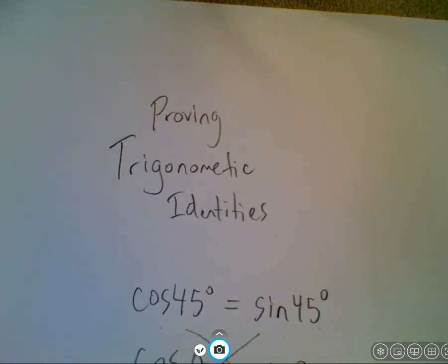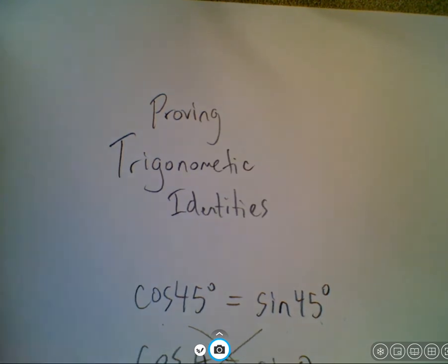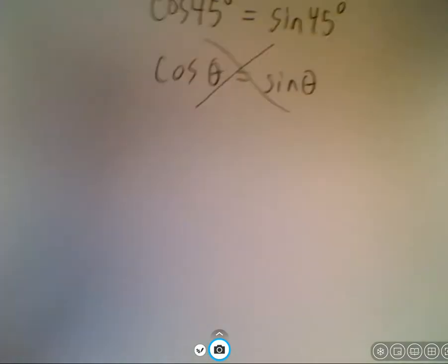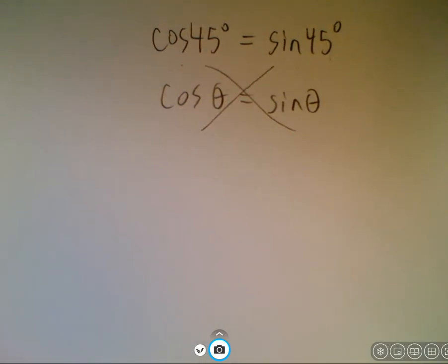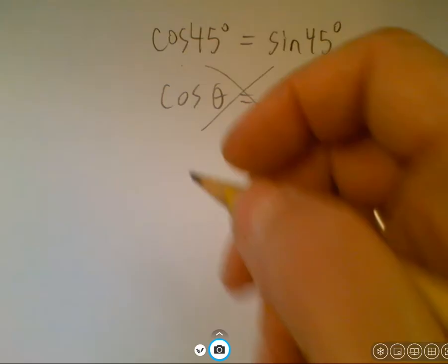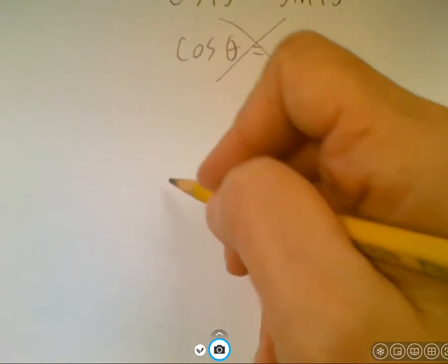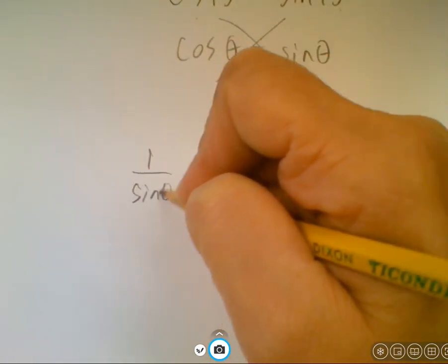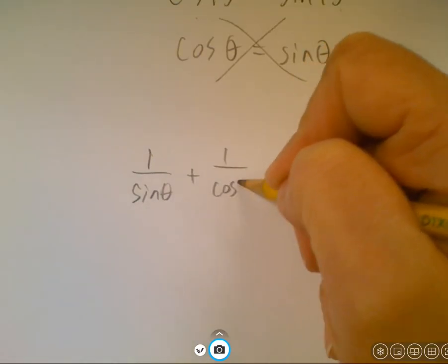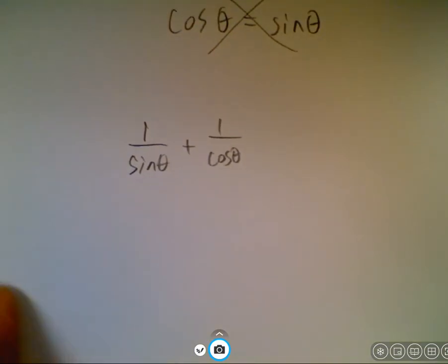All right? So to begin with, we're going to have to review a little bit of algebra. What would be some useful things from algebra for simplifying expressions? One thing would be adding fractions. If I want to add 1 over sine theta plus 1 over cos theta, how do we add the fractions?